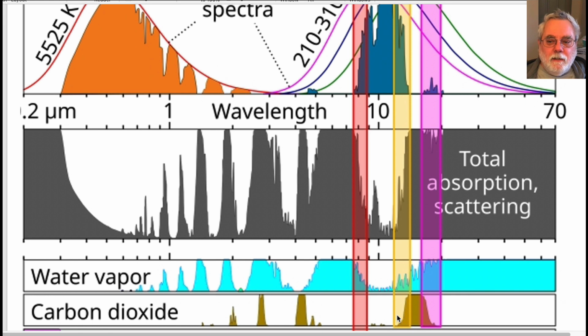There is still plenty of thermal radiation from Earth's surface to be absorbed. The red box is for methane, which also absorbs more radiation as concentration increases.